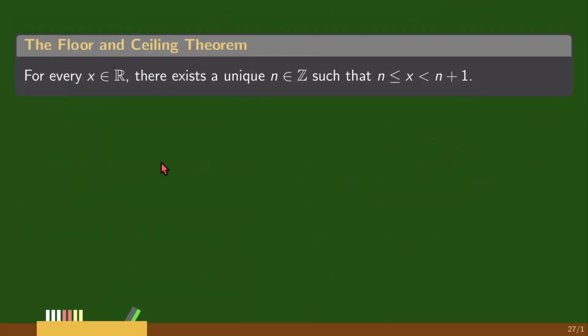Ayan, basahin natin mabuti yung sinasabi ng floor and ceiling theorem. Sabi niya, for every real number x that you can get in the number line, there's always a unique integer n, could be positive, negative, or 0, so that x is sandwiched between n and n plus 1.